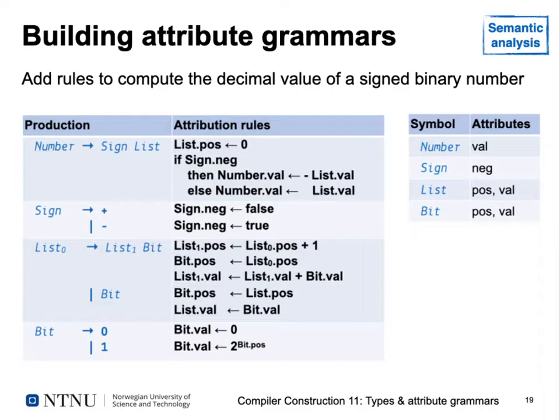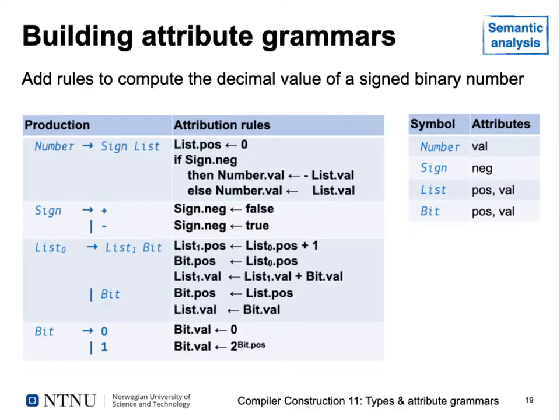Each symbol now has attributes which contain values that can be returned when the production is resolved for this symbol. Number has a value attribute, which is an integer number, positive or negative. Sign only has an indicator whether the sign that we passed was negative or not.